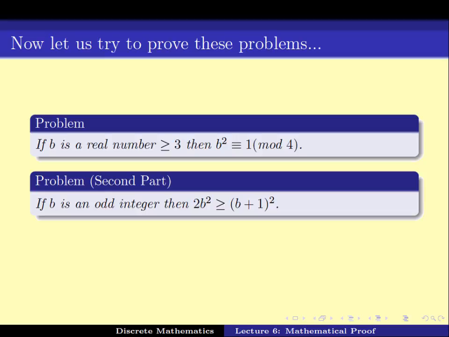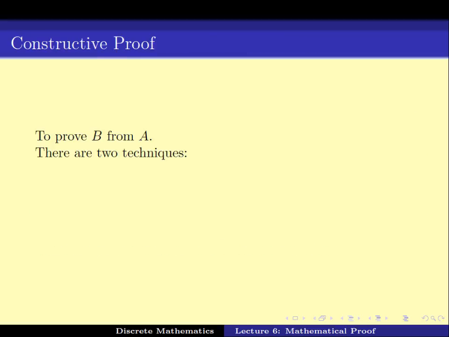Now, how do you go about proving this statement? So, we will give constructive proofs for this problem. Now, what do we mean by constructive proof? So, constructive proof is something where to prove B from A, we use either of the two techniques.